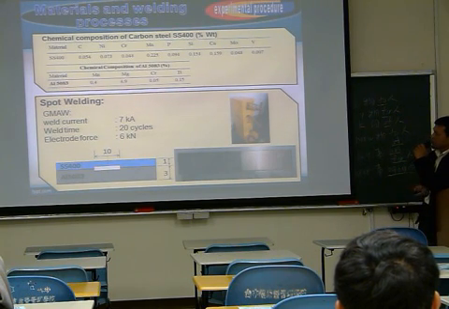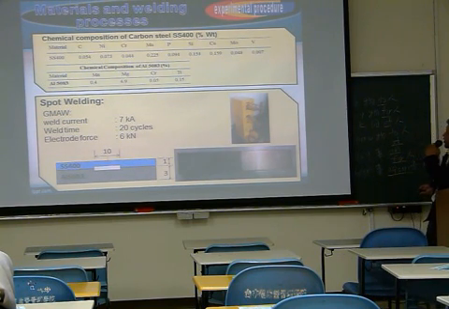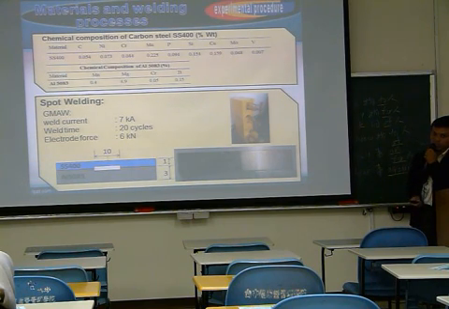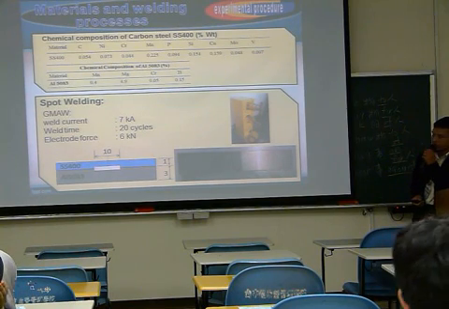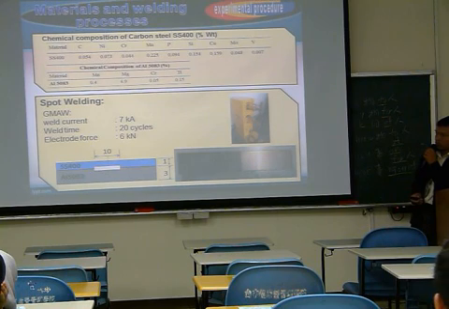For the spot welding, we use constant parameters. Weld current is 7 kiloamperes, the weld time is 20 cycles, and the electrode force is 6 kilonewtons.